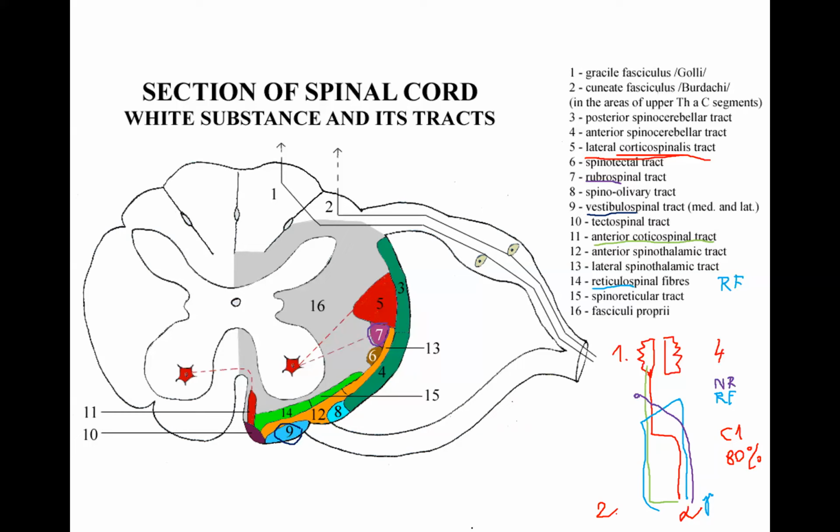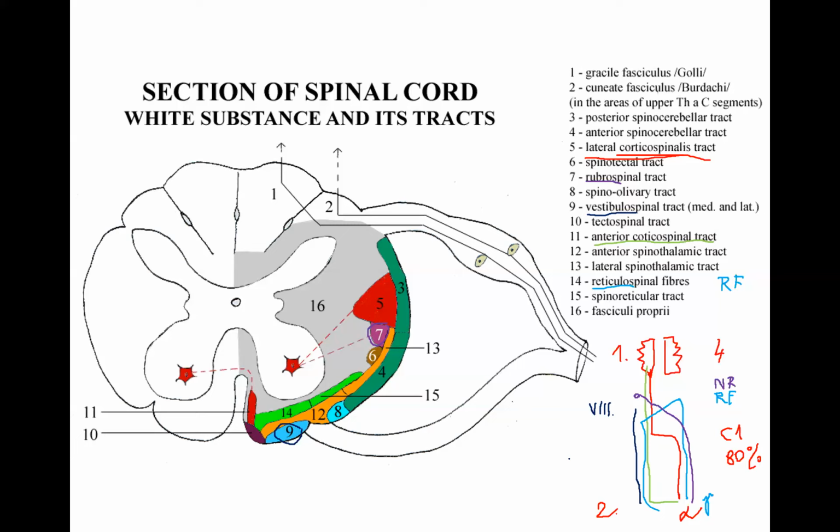So the vestibulospinal tract comes from vestibular nuclei. So we can have here number 8, the vestibulocochlear nerve. We have the vestibulospinal tract, which comes down. And it serves for posture muscles, muscles which keep your posture.